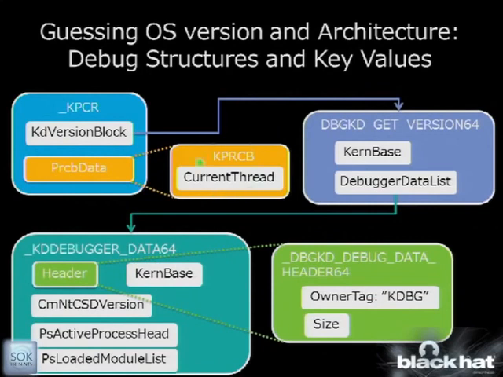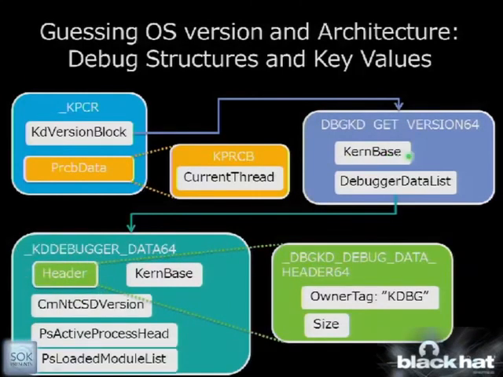KPRCB has rich debug data, including the current running thread, and is located in KPCR. DBGKD_DEBUG_DATA_HEADER64 is often used as a carving signature and is the header of KDDEBUGGER_DATA64.